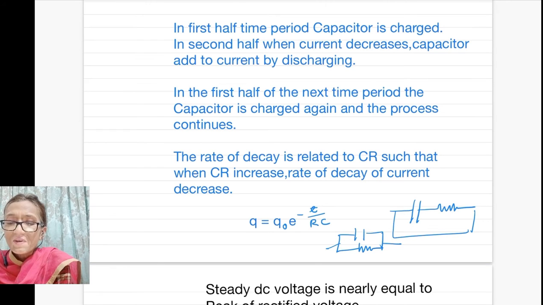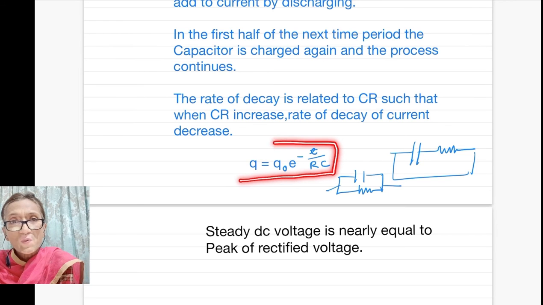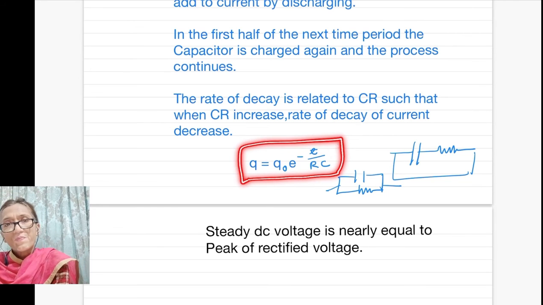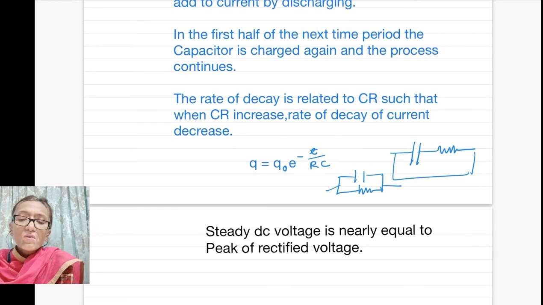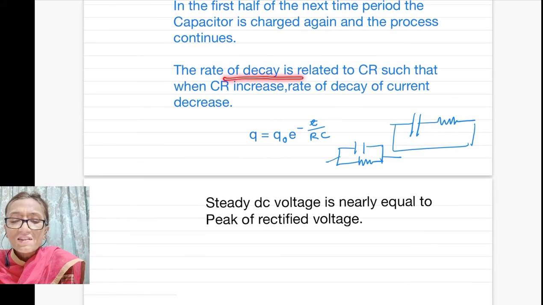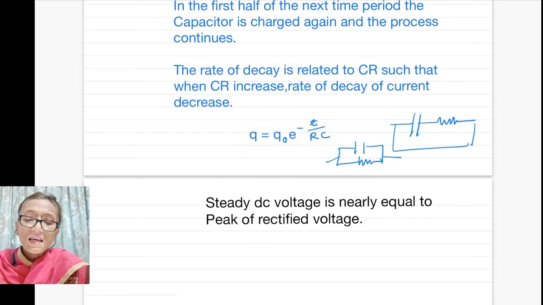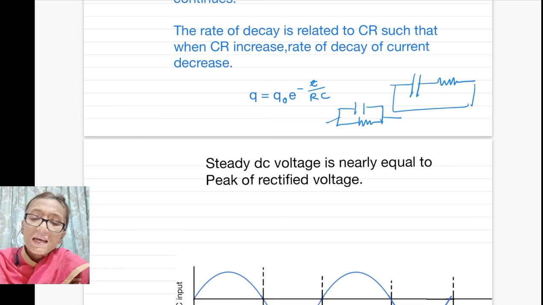There is some duration, and for that here you have an equation of how charge comes to zero, how charge reduces. It reduces exponentially. So you find that the rate of decay is related to this RC.